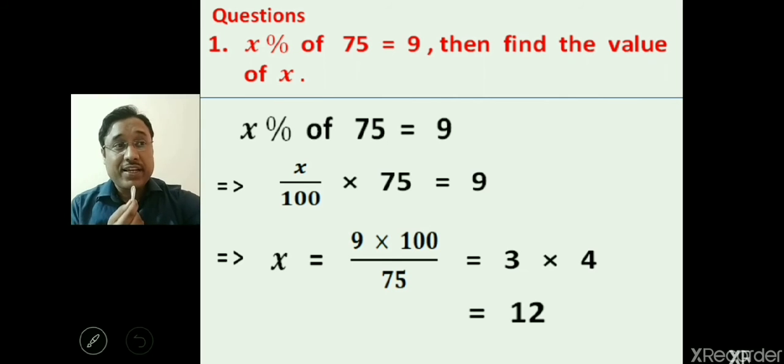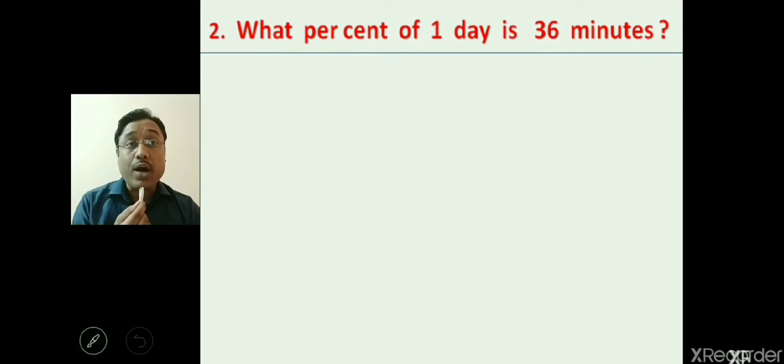Now the next question we have: what percent of one day is 36 minutes. Now we know that in one day there are 24 hours, and since each hour consists of 60 minutes, 24 hours means 24 into 60 minutes.